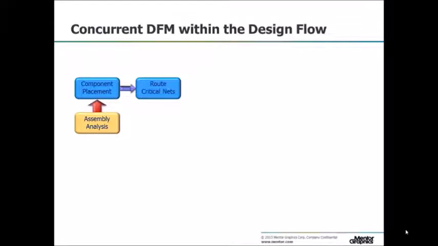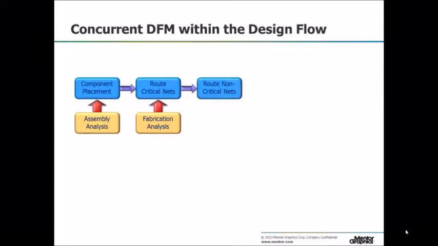We then move on to routing our critical nets, and at this stage we can fix those nets having run a fabrication analysis to ensure that there aren't any fabrication problems with those nets. Clearly we do not want to have to go back and rework our design and rework our critical nets at a later stage. Again, it may be very difficult if we find DFM problems.